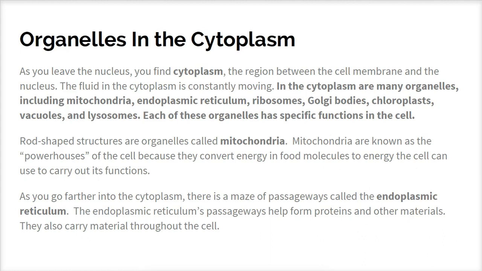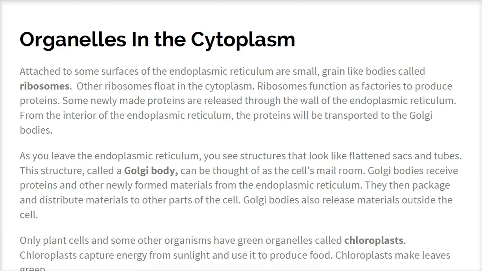As you go farther into the cytoplasm, there is a maze of passageways called the endoplasmic reticulum. The endoplasmic reticulum's passageways help form proteins and other materials. They also carry material throughout the cell. Attached to some surfaces of the endoplasmic reticulum are small grain-like bodies called ribosomes.